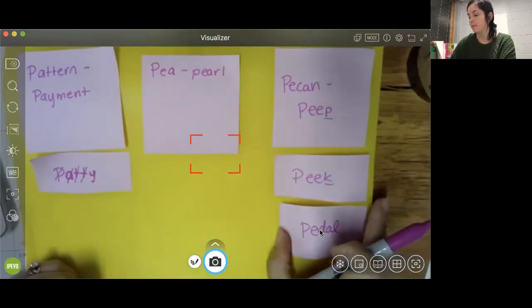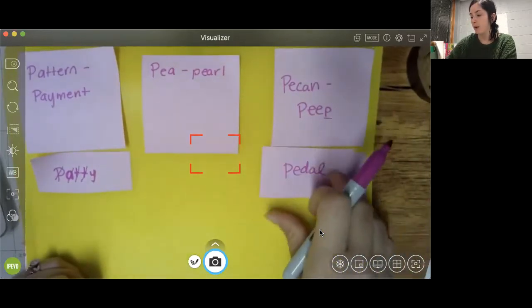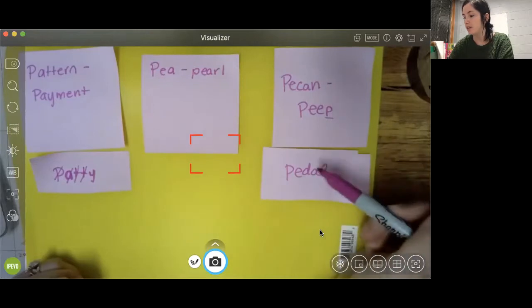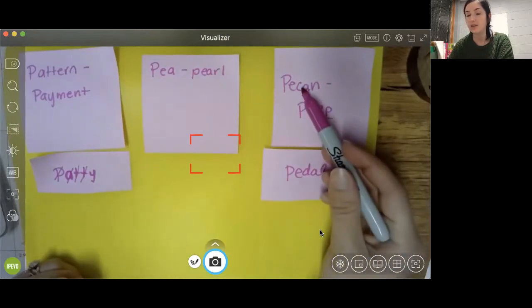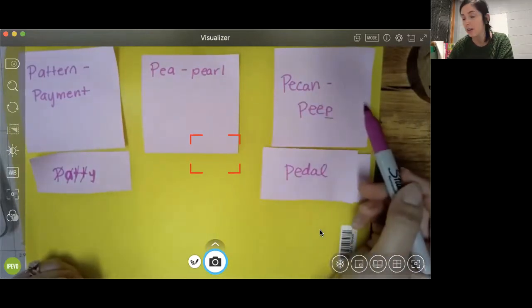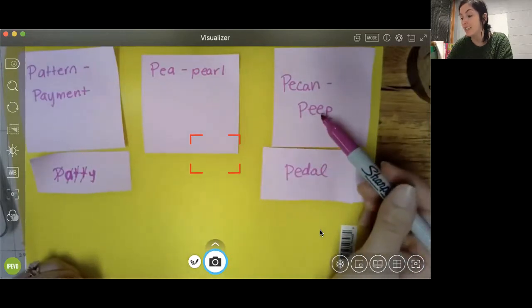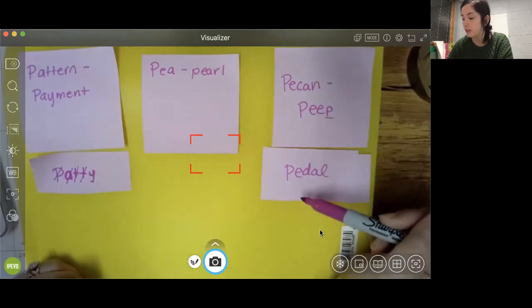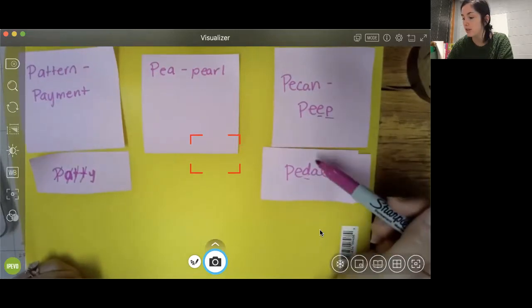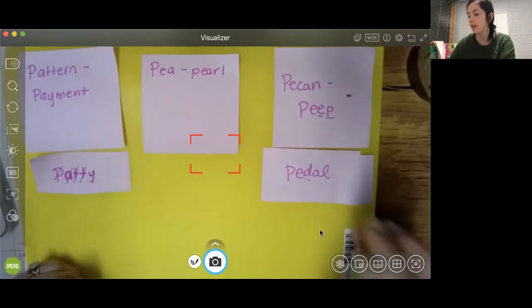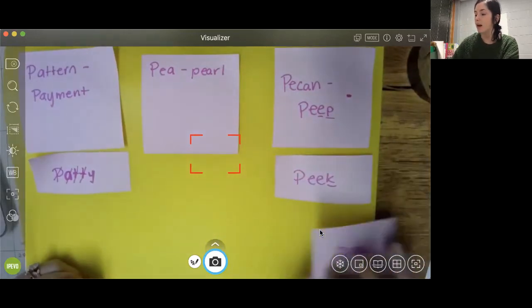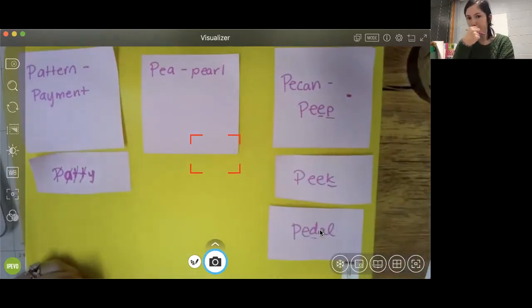All right. So if I have petal, all right, P-E, P-E-D-C, okay, so I know it'd have to come after pecan. Let's try P-E-E-D and E. All right, well, I know D comes before E, so I know that petal would fit somewhere here. But I already have a word here.